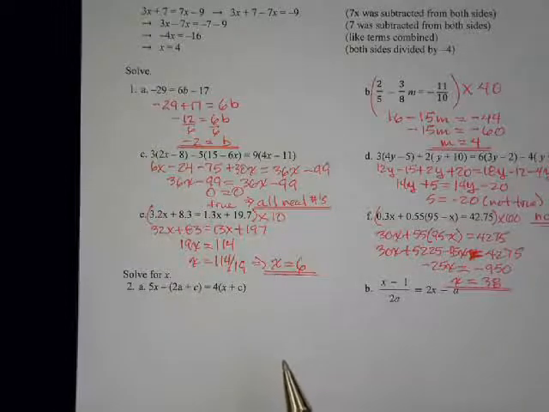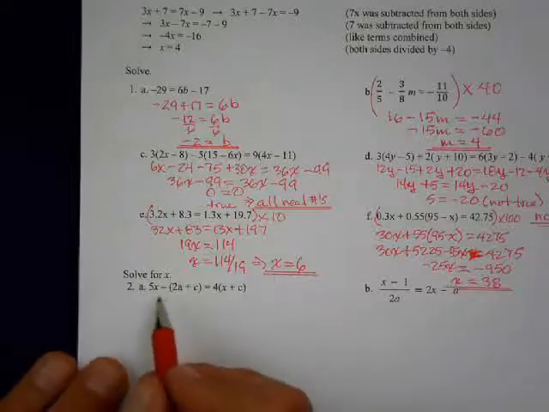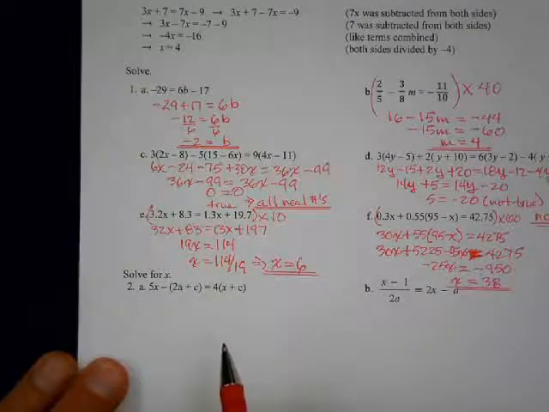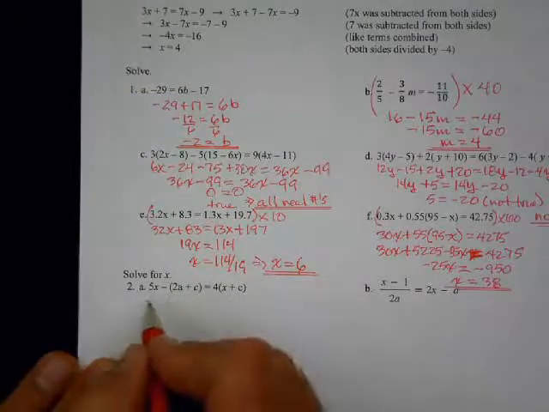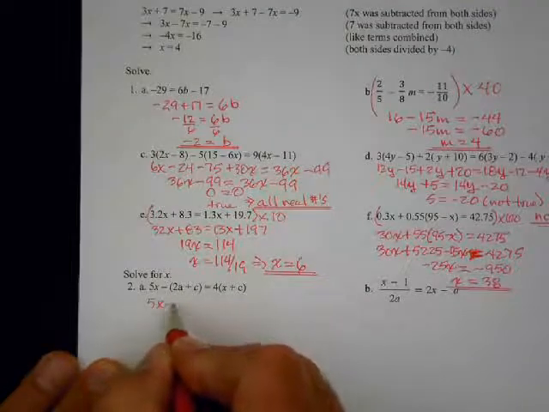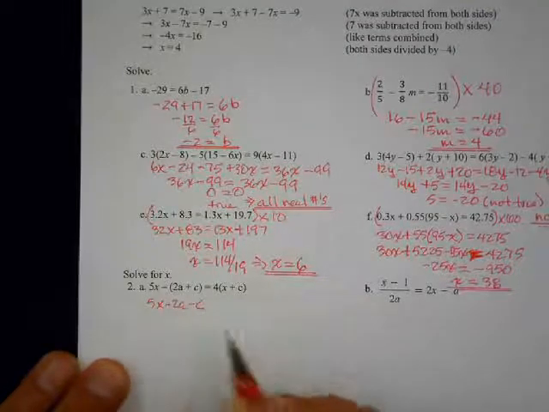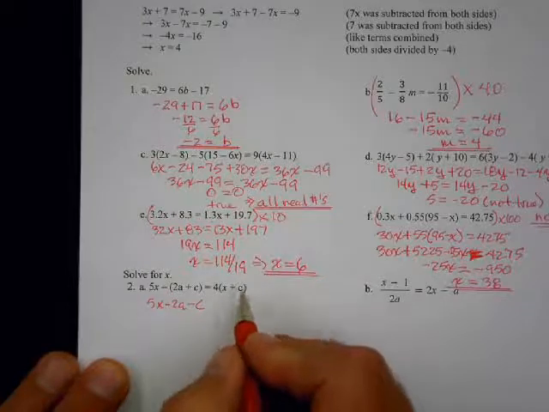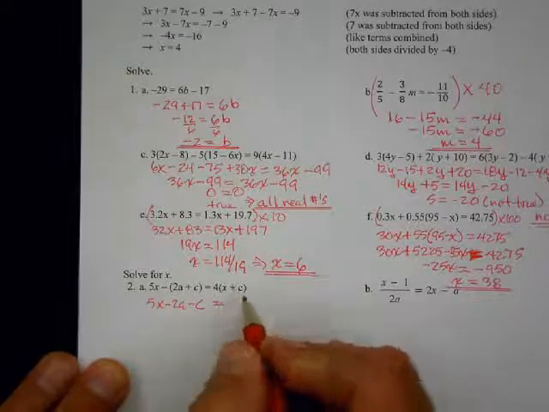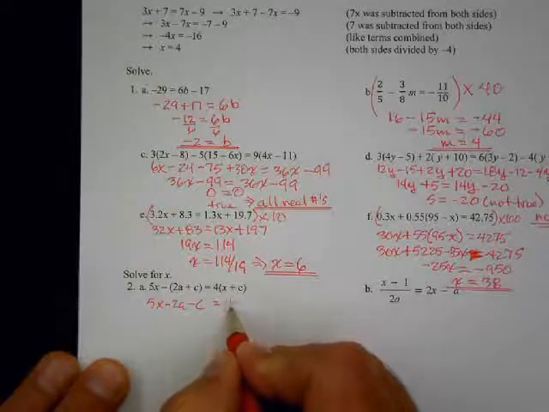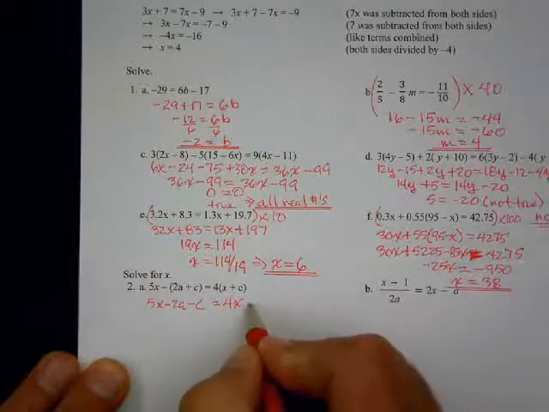So first off, we're going to do some distributive to get rid of the parentheses. So 5x subtract 2a subtract c will equal 4x plus 4c.